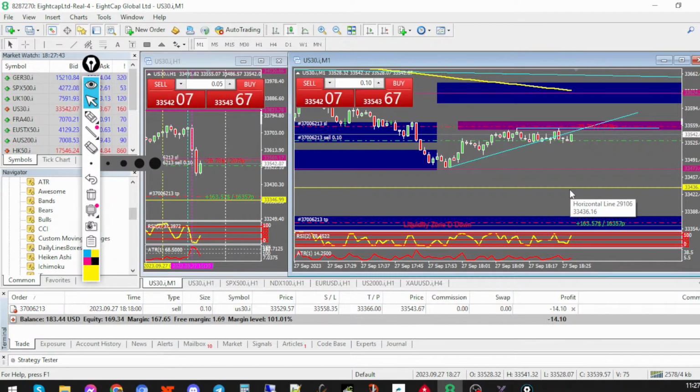So right now price is still looking sideways. So the possibility of price moving up is still high.